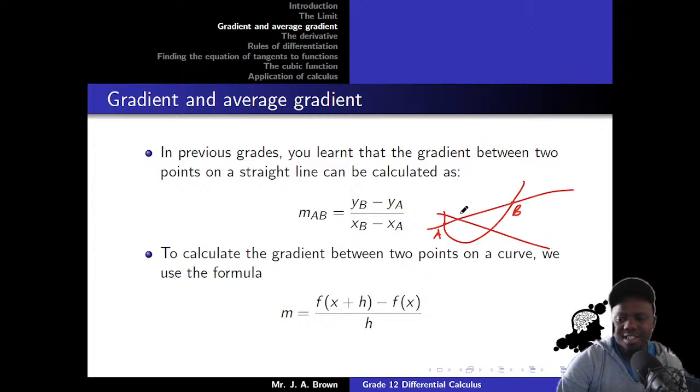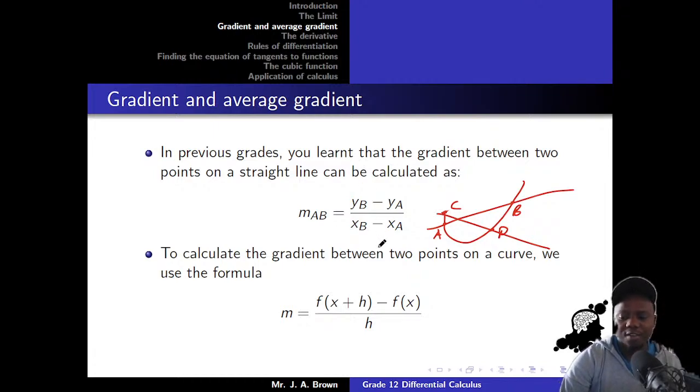But if I have 2 other points, let's say this is C and this is D, what you will notice is that on a curve, the gradient is not constant between any 2 points. On a straight line, gradient is always constant between 2 different points. But on any type of curve, be it a parabola, a hyperbola, or even a trig function, as long as it's a curve, the gradient is not constant.